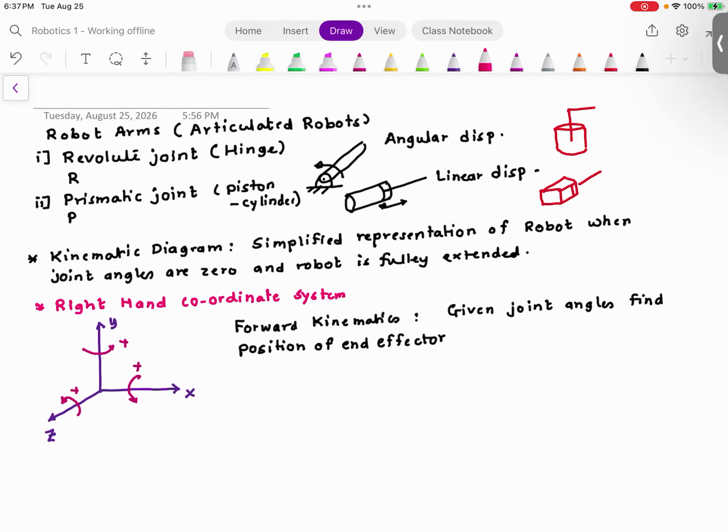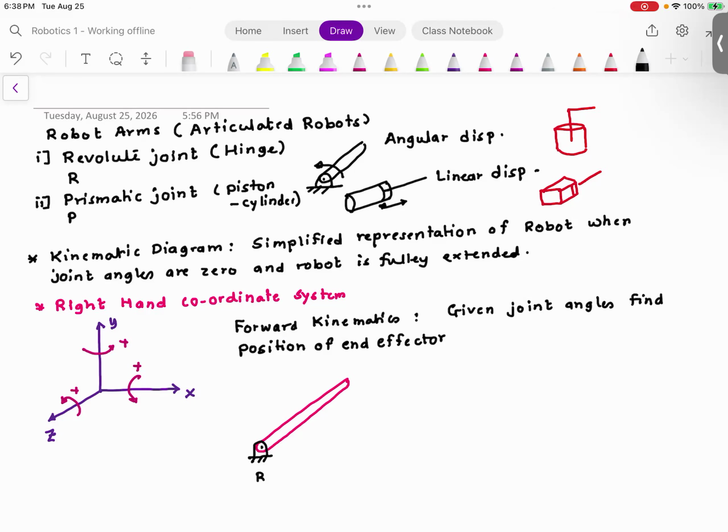So imagine that you have a robot and this robot has one link and one hinge. So this is the rotary joint or revolute joint, and you have the hinge. Now this hinge is fixed to the ground.